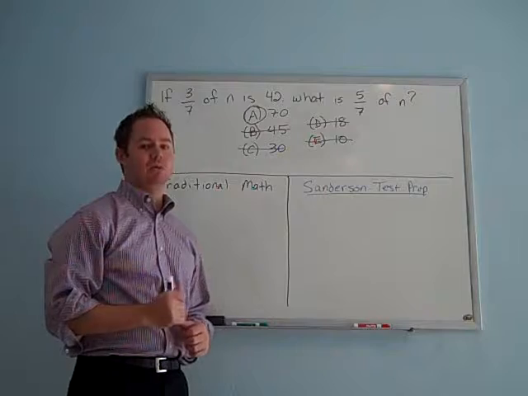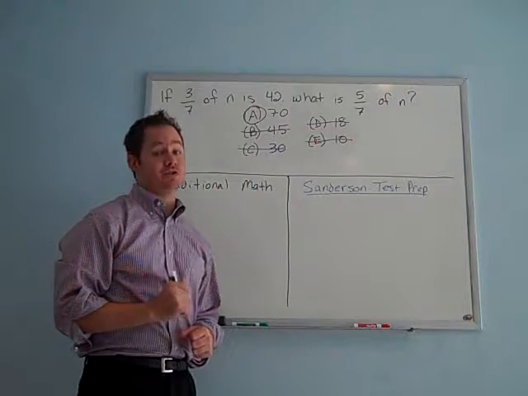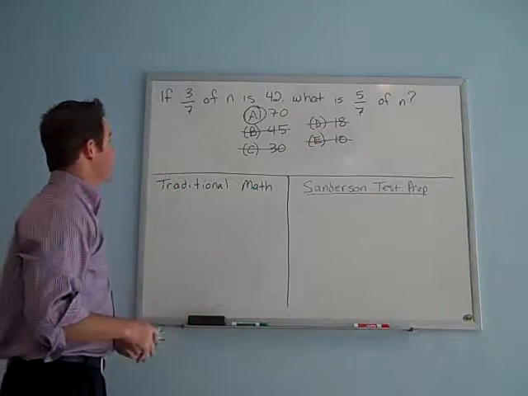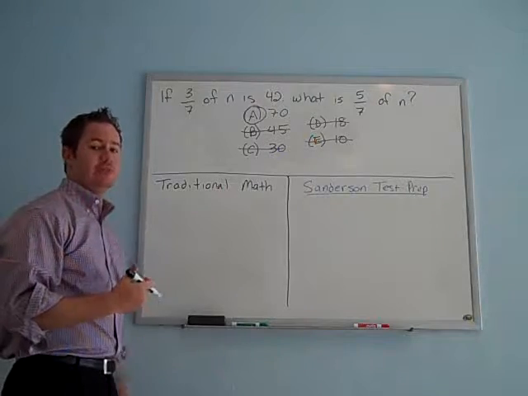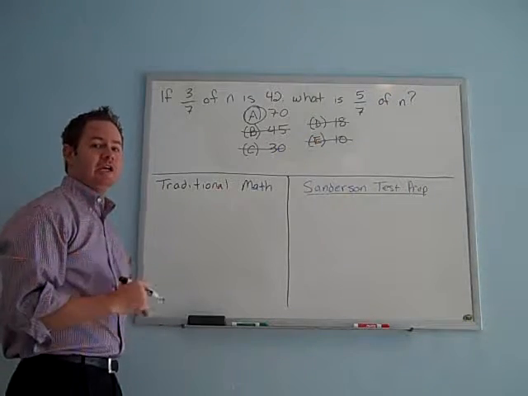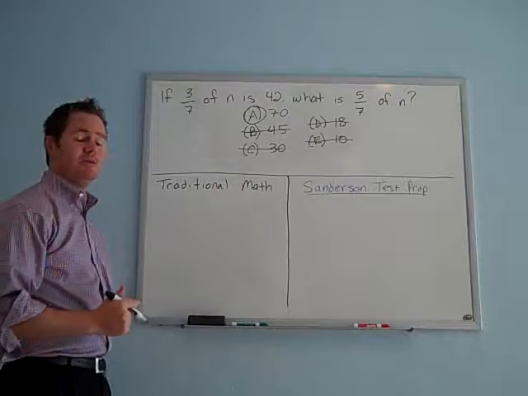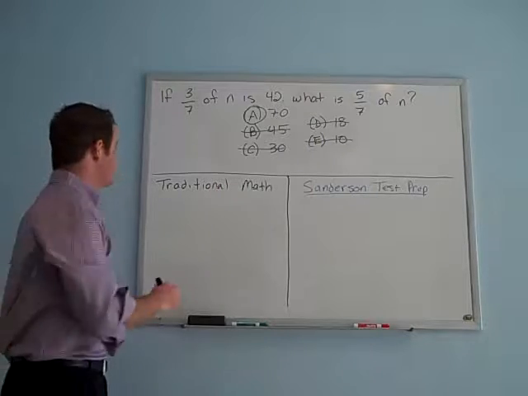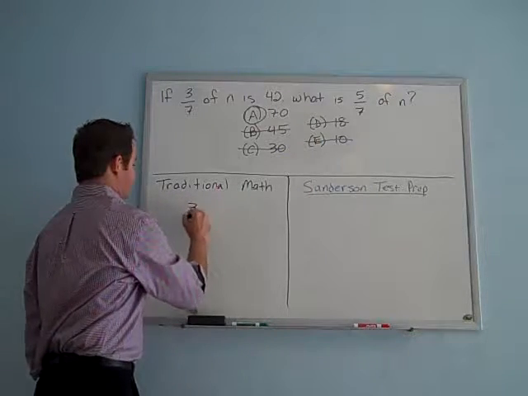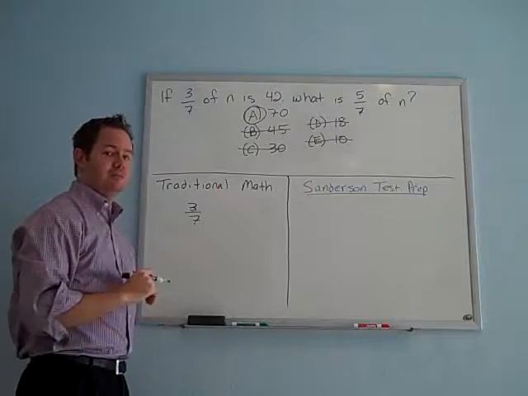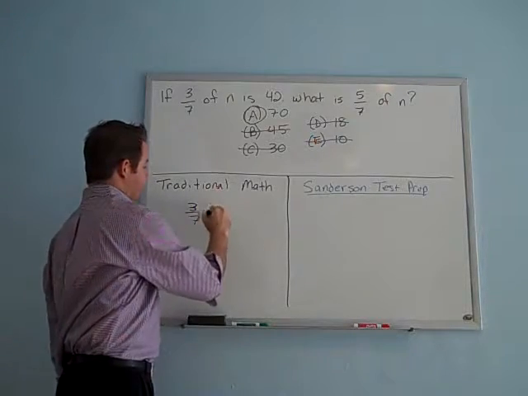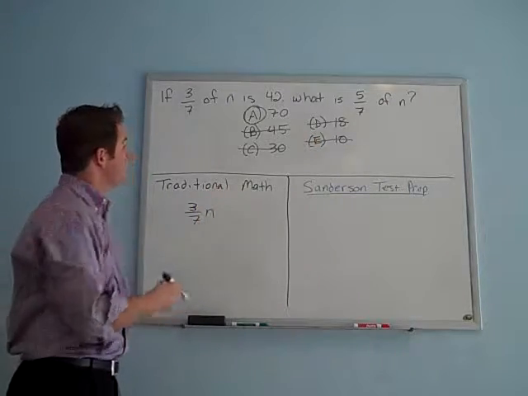Now let's take a look at what would be entailed in approaching this question using traditional math. 3/7 of n is 42. In order to write an equation for that, we need to convert some of these words to mathematical expressions. Of means multiply, so we would have 3/7 times n.